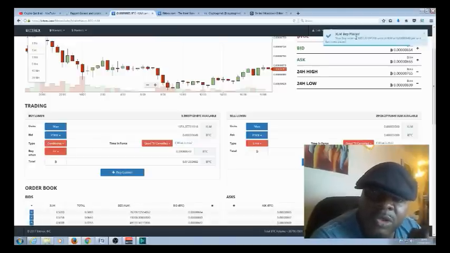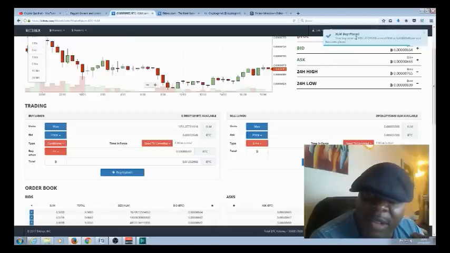So we're just going to wait for that to run through, and it's a very interesting process, and a very effective website to use. I'm not quite sure why it's taking this long, but that is effectively how it works. So now the trade has been placed.